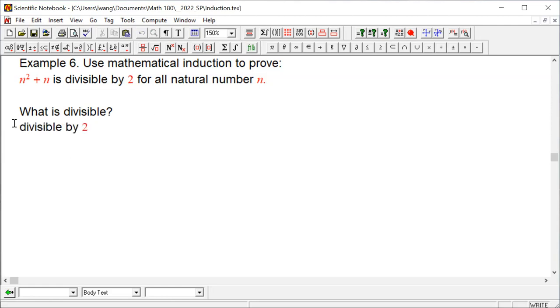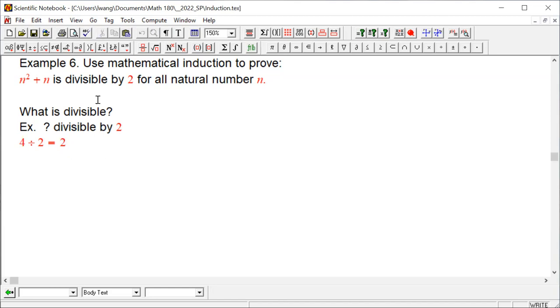Okay, example, divisible by 2. Suppose we have some number divisible by 2. What does that mean? Well, you can see that 4 divided by 2 is going to be another natural number, and then we say 4 is divisible by 2. So the result is a natural number. The number you take, divide by 2, comes up with another natural number.